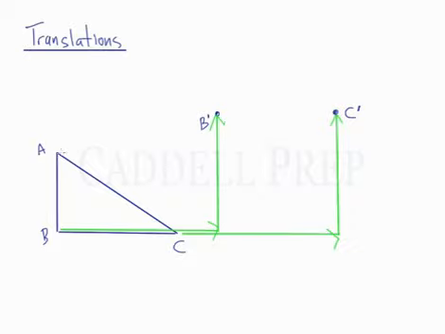So now I'll do the same for point A. A is going to be shifted to the right and then shifted up the same distance. Something like that. So now A is going to be here, A prime, and we can create our new triangle, the image of triangle ABC.